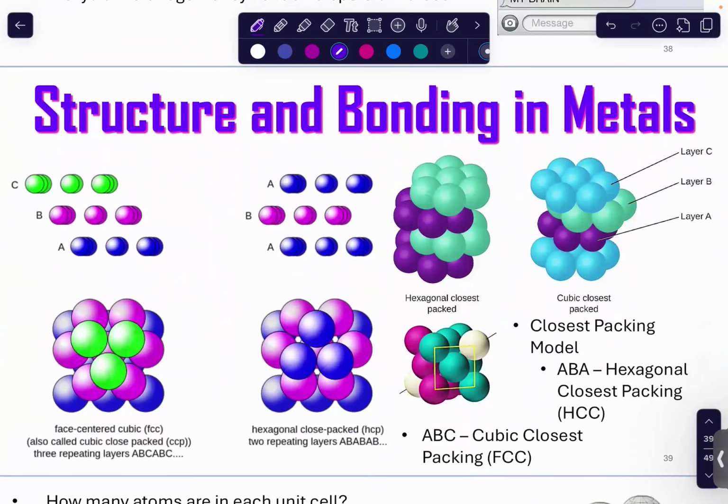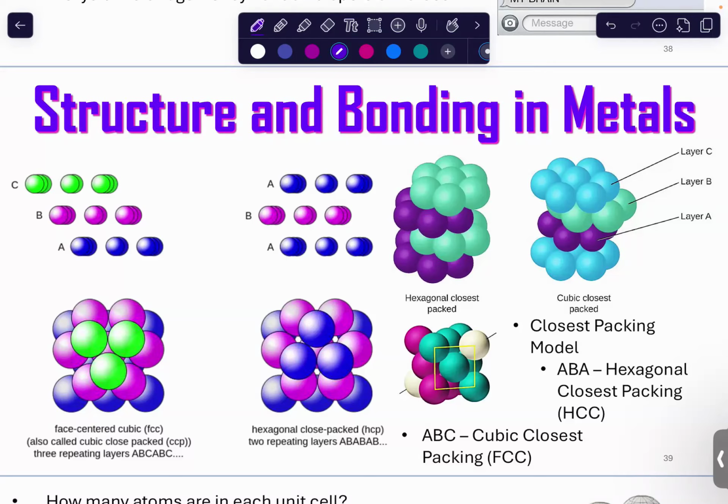So let's talk about the structure and bonding in metallic crystals. The two main ones that we're going to work with are hexagonal closest packing and cubic closest packing. This has to do with how the metal atoms stack inside the crystal. Hexagonal closest packing is going to be an ABA stacking, and cubic closest packing will be ABC.